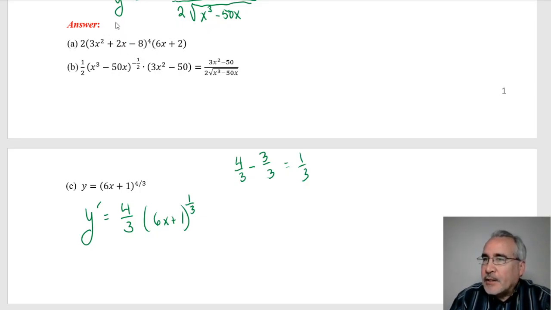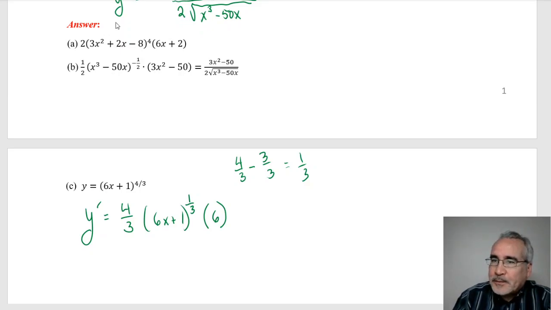The only thing left to do is to take the derivative of the inside part. So what's the derivative of 6x plus 1? Well, the derivative of 6x is just 6, because the derivative of x is 1. Derivative of 1 is 0, so that's all there is to it. And there we have it. We can simplify it a little because we could take 6 divided by 3, which is 2.